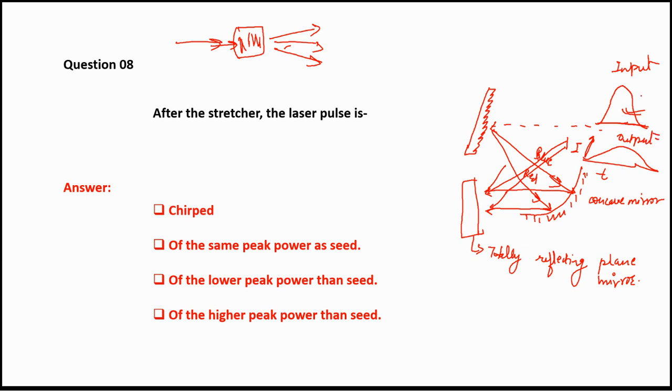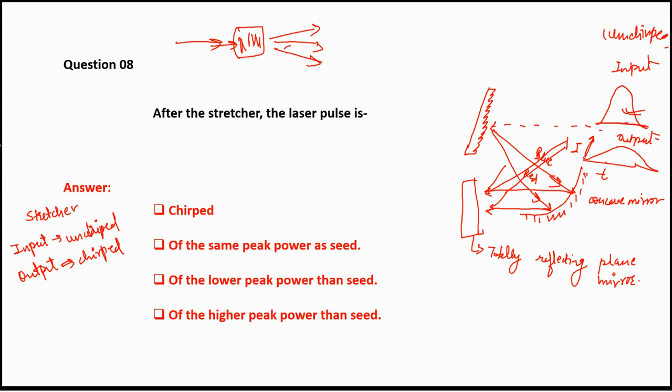We can directly say, as we had also discussed earlier, that if we pass something unchirped, what we get as output. So here I'll write the answer. In case of a stretcher, if the input is unchirped, the output is chirped.